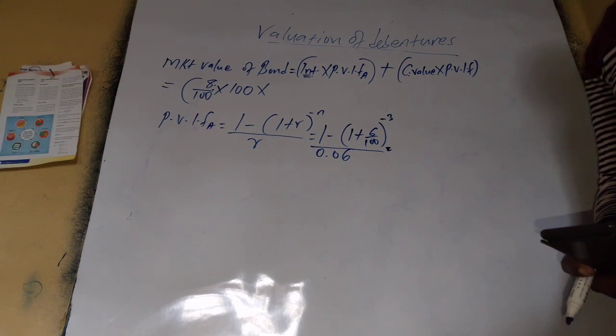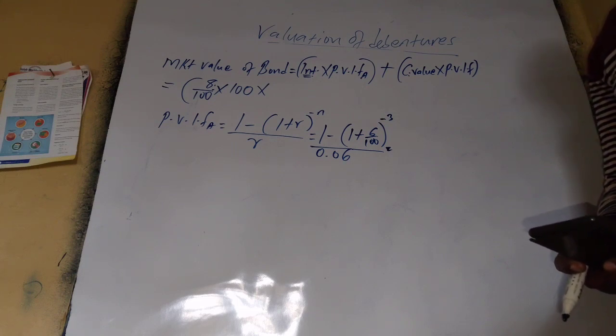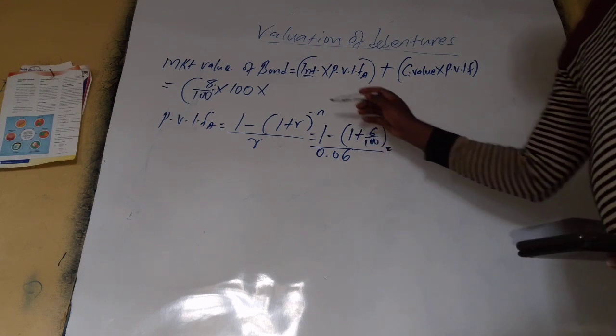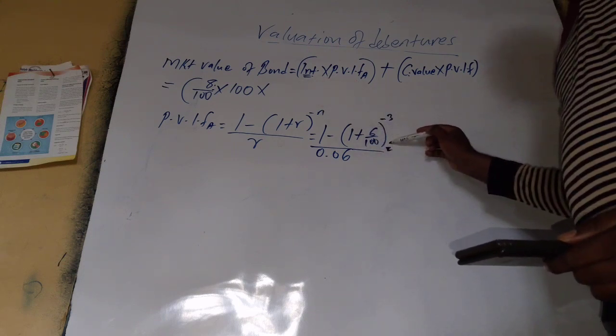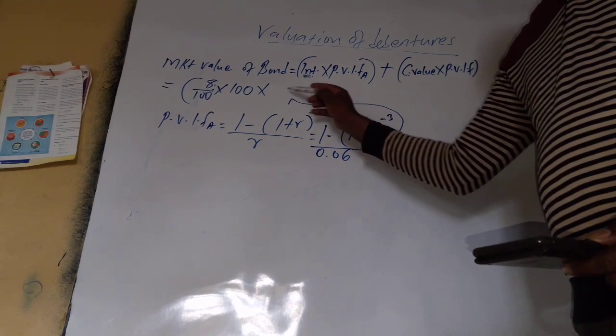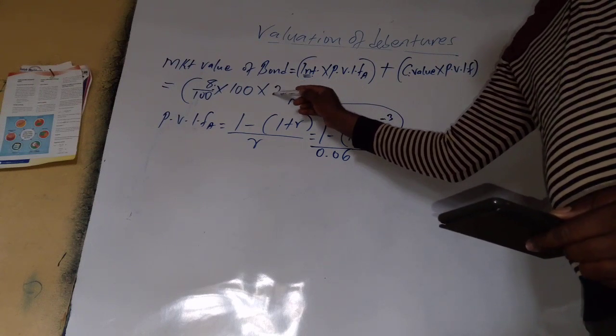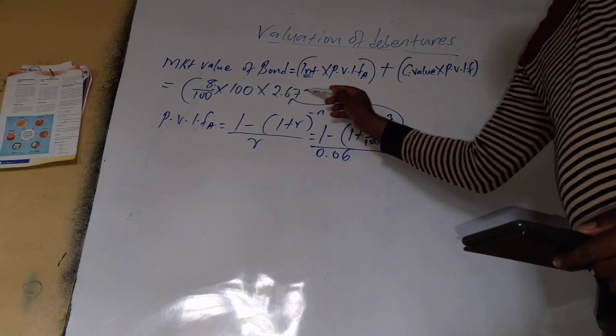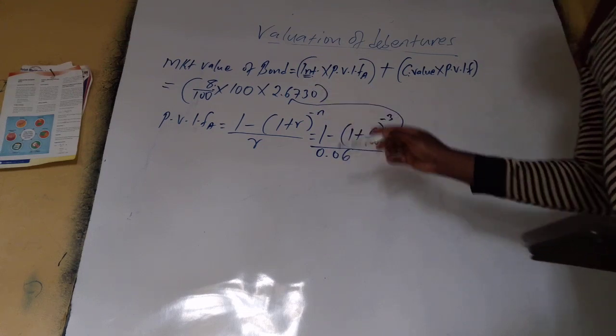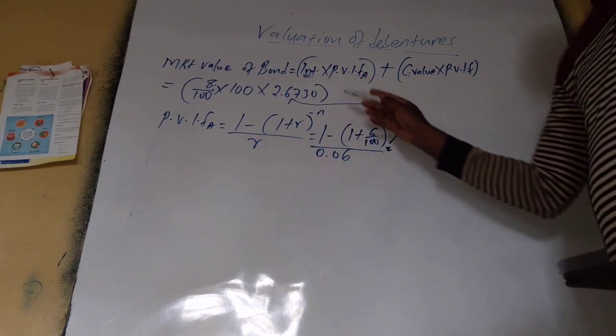I'm getting 2.6730, meaning here, I'm going to record that figure here, 2.6730. Now that is my PVIF.